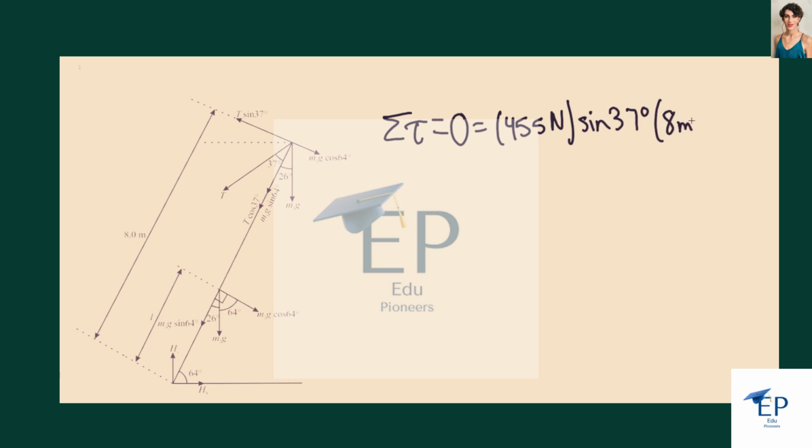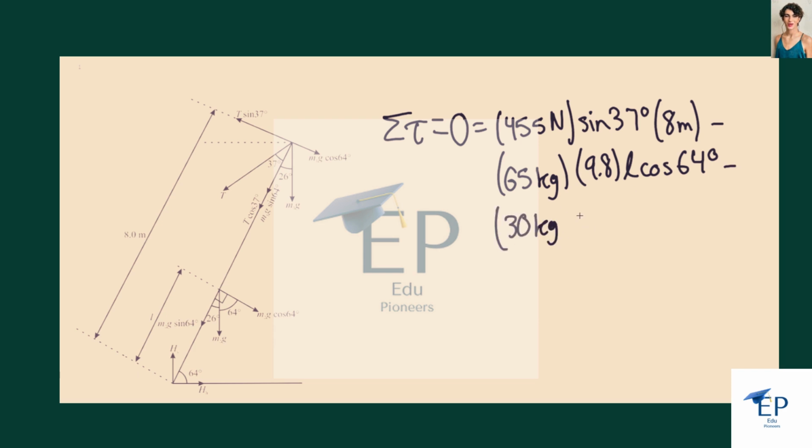times 8 meters minus 65 kilograms times 9.8, so that'd just be the weight, times L cosine of 64 degrees minus, again, 30 kilograms times 9.8 times 4 meters times, again, cosine of 64 degrees.